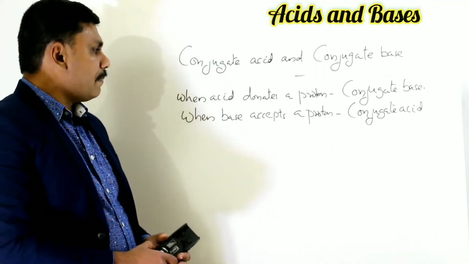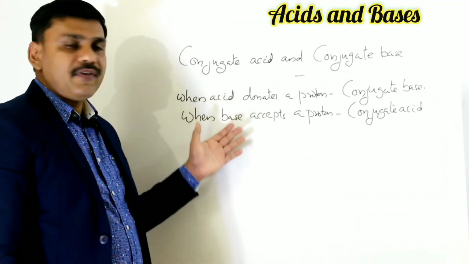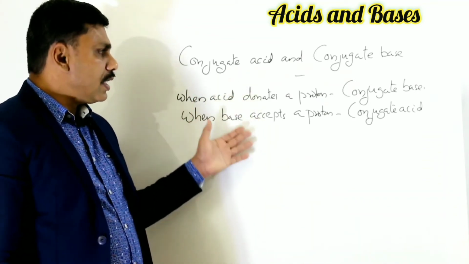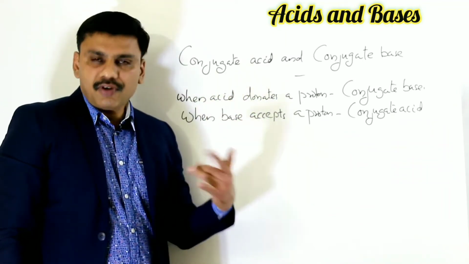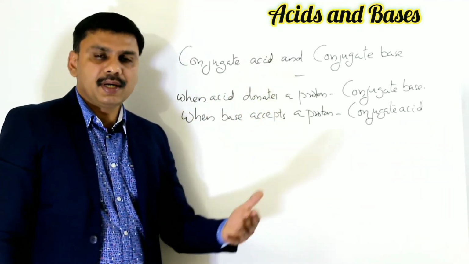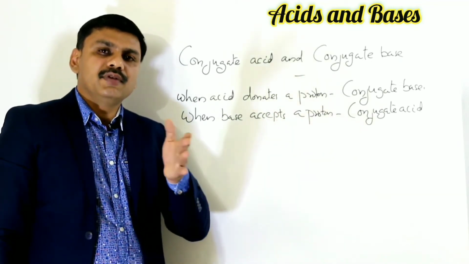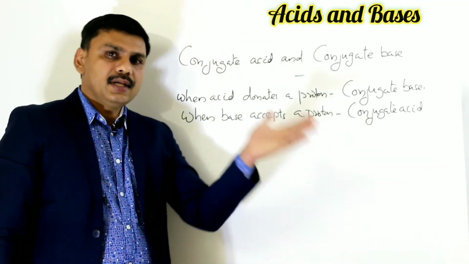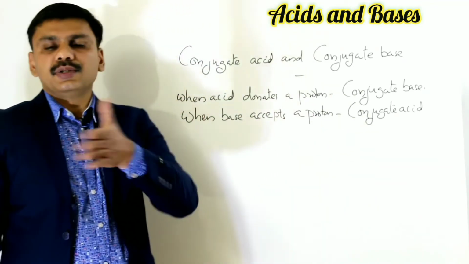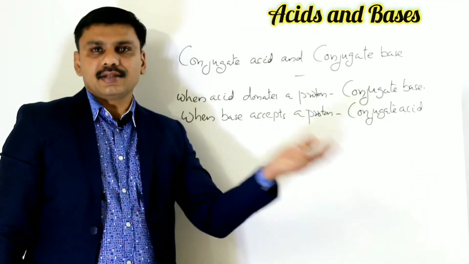So you can simply identify the conjugate acid, conjugate base, acid and base from a chemical reaction. From a chemical reaction, you must know which is acid, which is base, which is conjugate acid, and which is conjugate base. On the right side you can see conjugate acid and conjugate base. On the left side you can see acid and base.